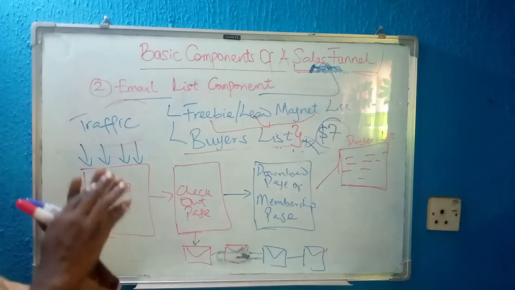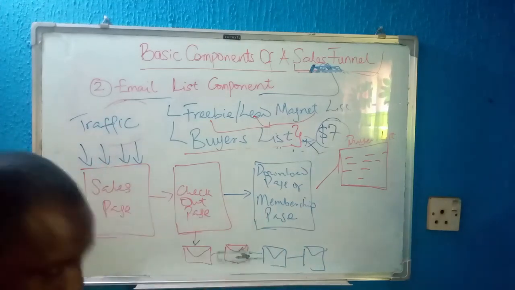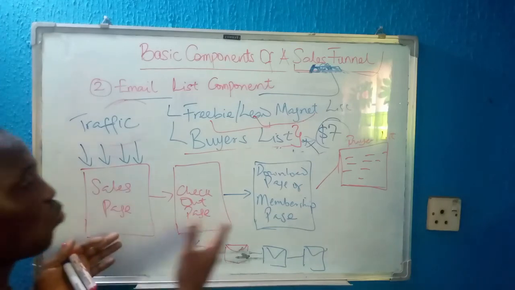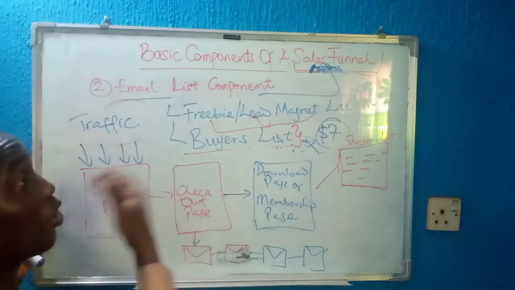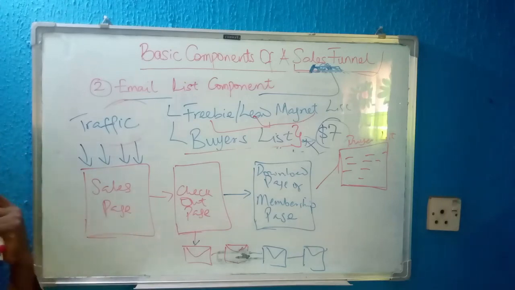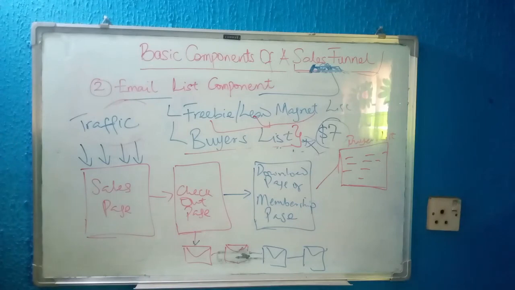I just want to make it as simple as possible so that you can see that it is a journey, taking somebody from the unknown to the known. It all revolves around the mindset and where the customers are at their point in life.